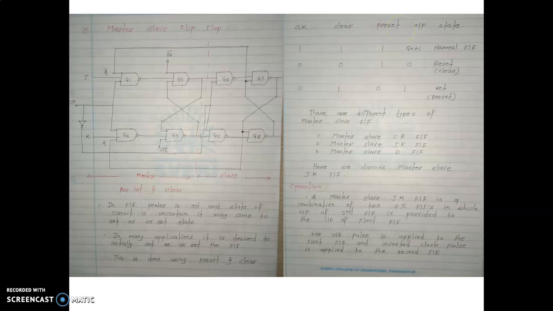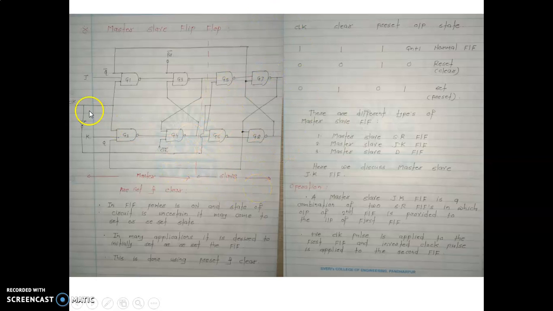The master slave JK flip-flop is nothing but the combination of two SR flip-flops. Here we can draw the diagram of the master slave JK flip-flop. We consider one SR flip-flop as the master flip-flop and another SR flip-flop as the slave flip-flop.